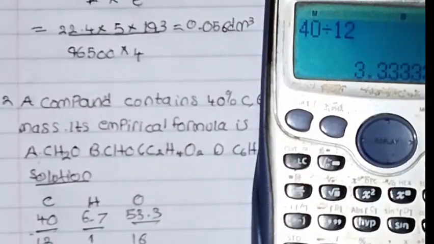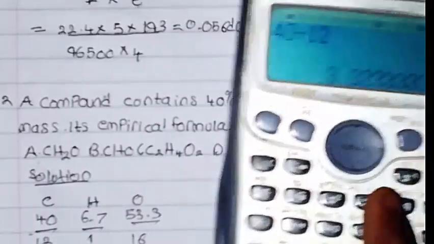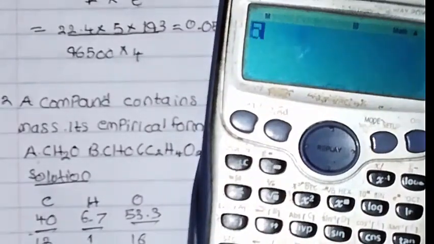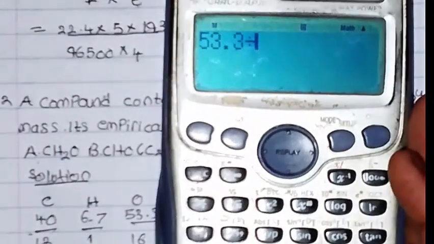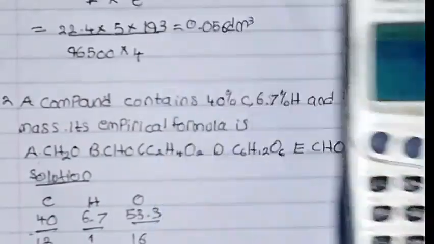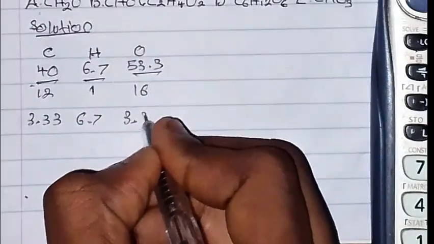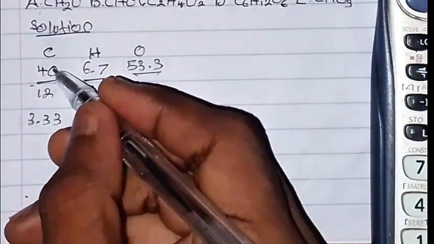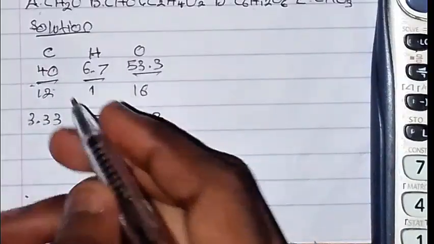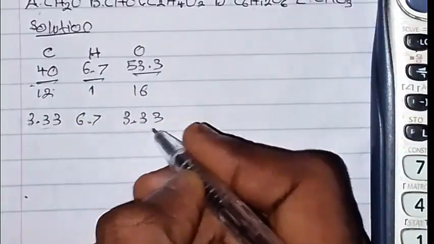For hydrogen, 6.7 divided by 1 is 6.7, and 53.3 divided by 16 gives 3.33. Why? Because mass divided by molar mass gives us the number of moles. So these are the moles of carbon, hydrogen, and oxygen.